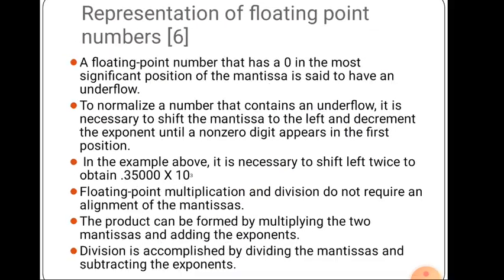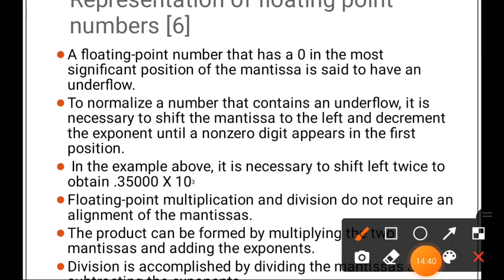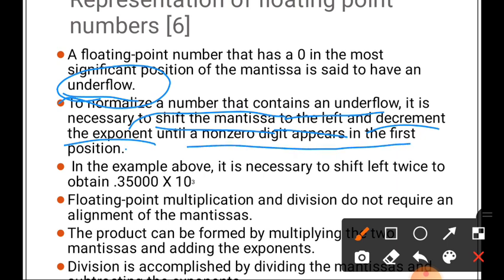A floating point number that has 0 in the most significant position of the mantissa is said to have an underflow. To normalize a number that contains an underflow, it is necessary to shift the mantissa to the left and decrement the exponent until a non-zero digit appears in the first position.